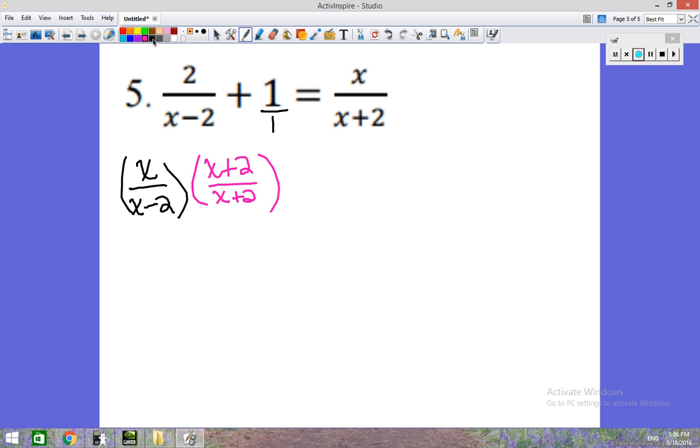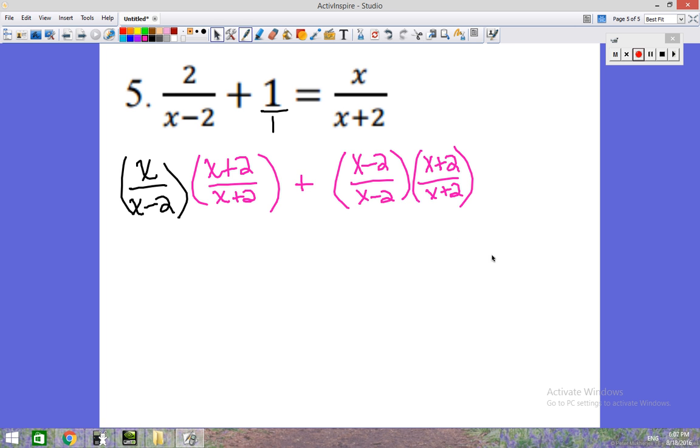And now to rewrite this number 1, I need an x minus 2 in the denominator, and I need an x plus 2 in the denominator. Since numerator and denominator are equal, this is 1, and this is 1, and 1 times 1 is 1. And I have addition here, so I didn't change the operation.